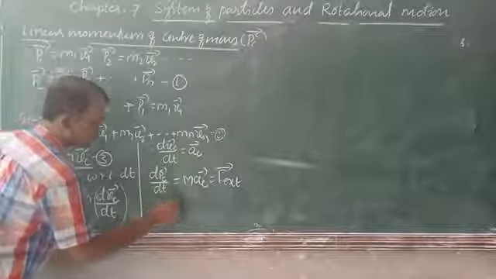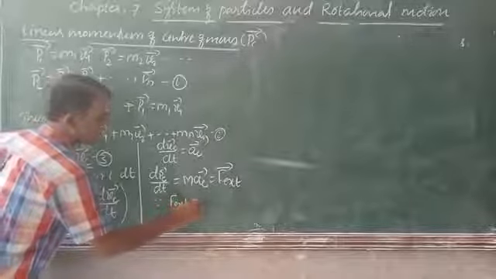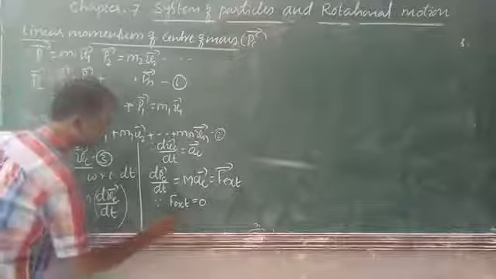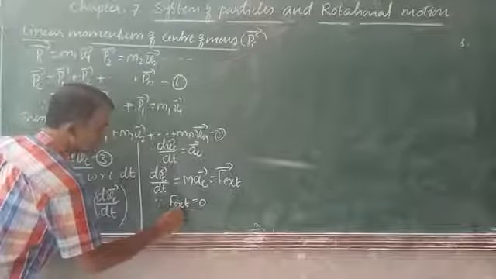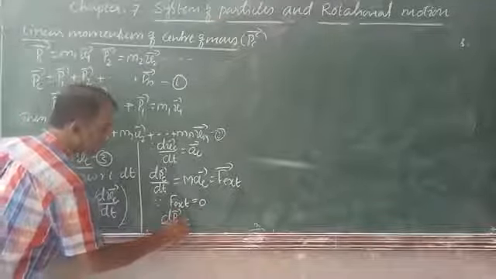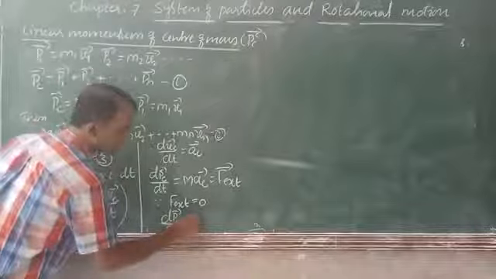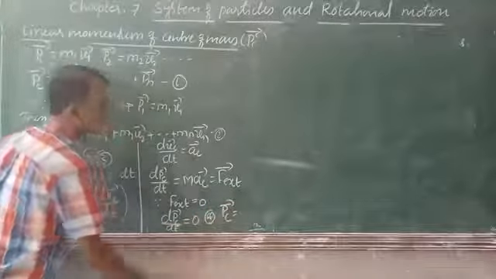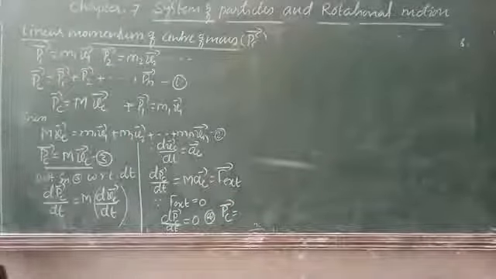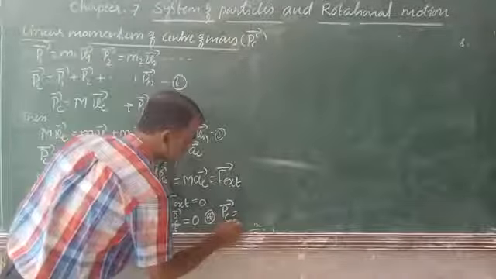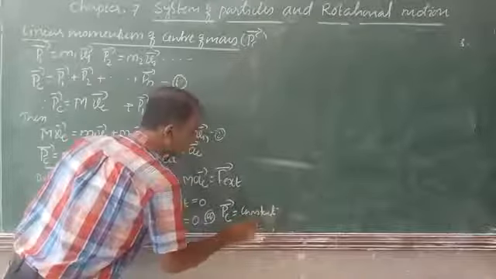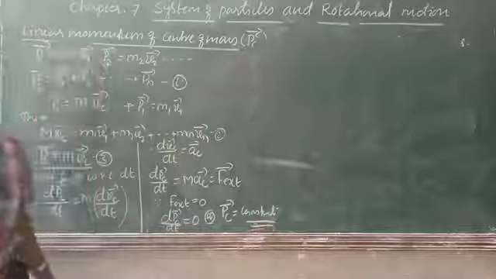Suppose Fext is equal to 0, that is, the external force is equal to 0. Then dPc by dt is equal to 0, or the linear momentum of center of mass of the system of particles, Pc, is constant.